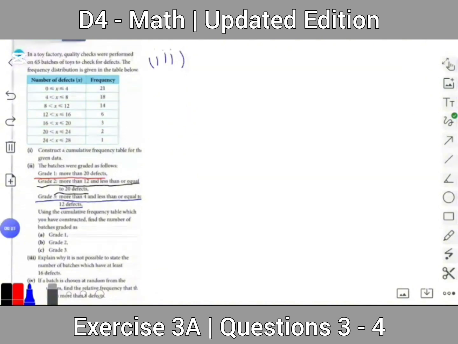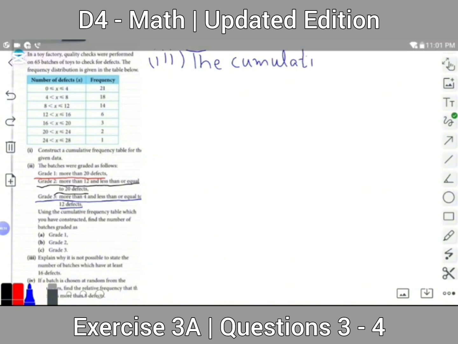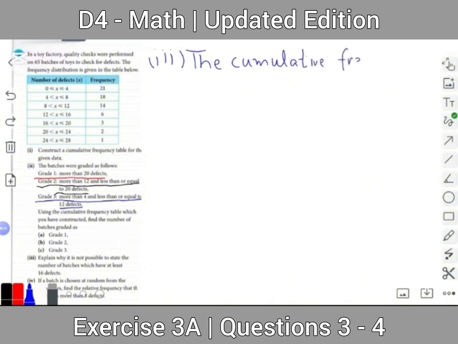In part 3, explain why it is not possible to state the number of batches which have at least 16 defects. The cumulative frequency table is based on less than or equal to frequency.